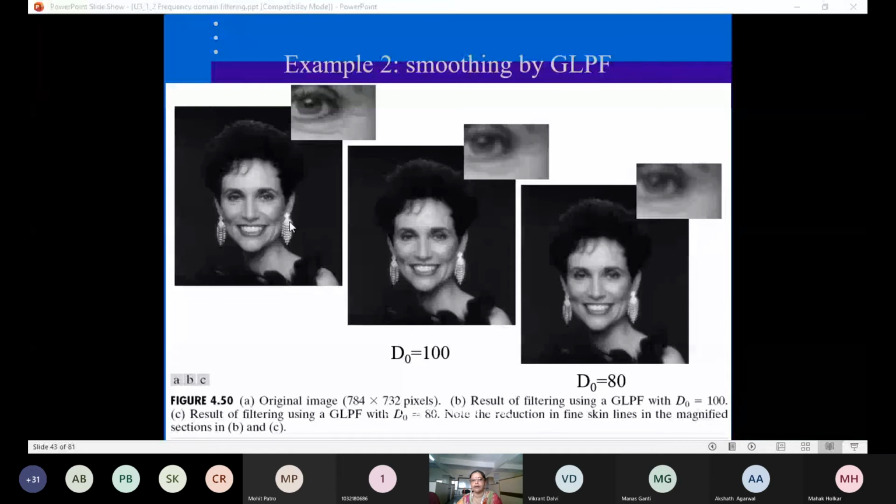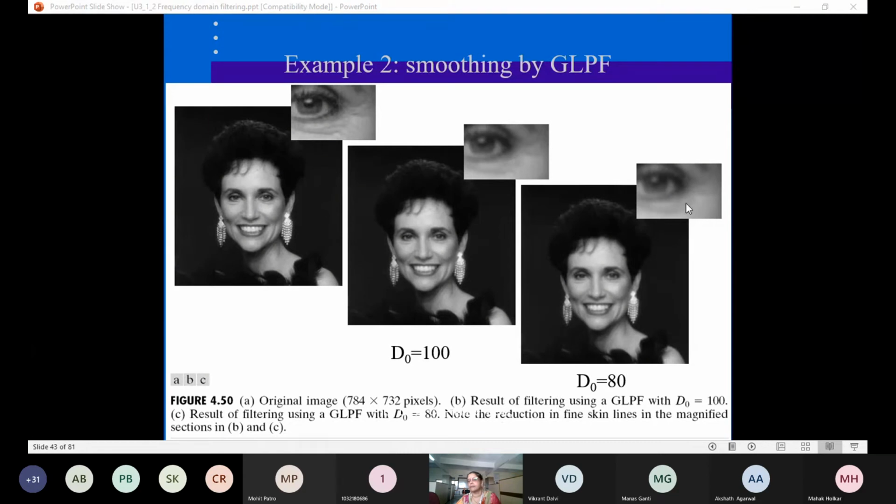So this is the result of filtering the original image by using a Gaussian function with width 100. Here you can observe, as compared to the original image, these wrinkles are slightly blurred. And this is also the result of blurring the original image, now by using Gaussian width D0 as 80.